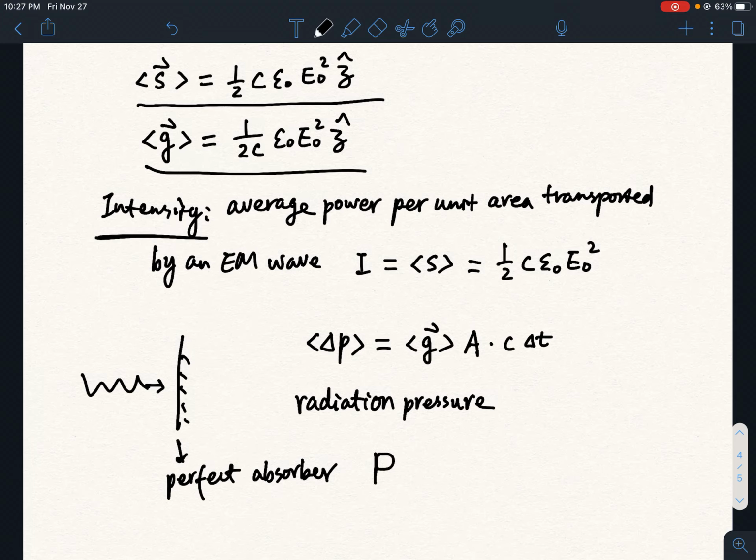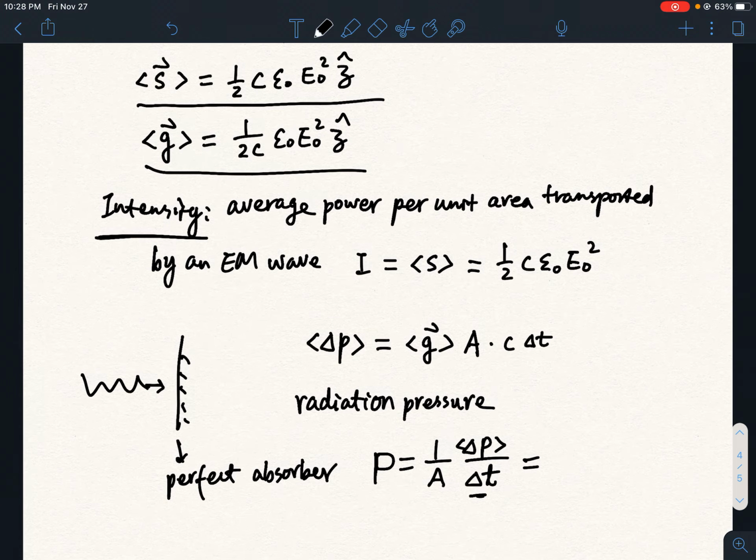So this pressure is this quantity divided by the area, per unit time, so we need to divide by delta t.